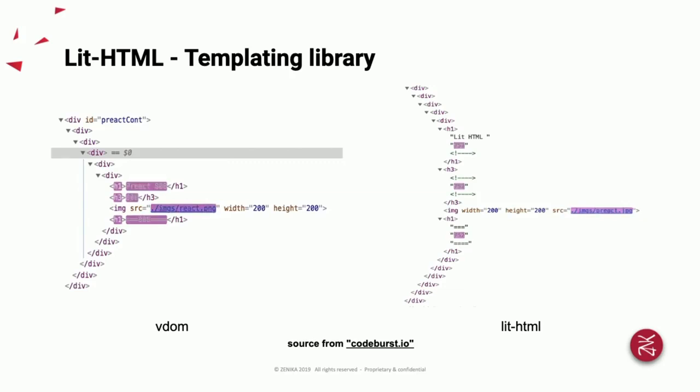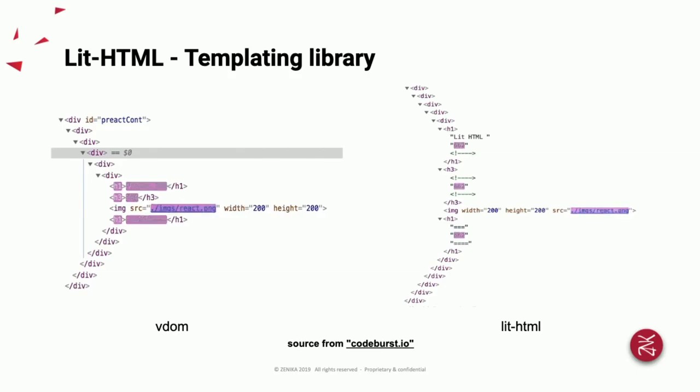Somehow lit-html is slightly faster compared to VDOM, like 30 to 40% faster depending on your browser. The only slight problem we have with lit-html is during its first render, which is somehow a bit slow.